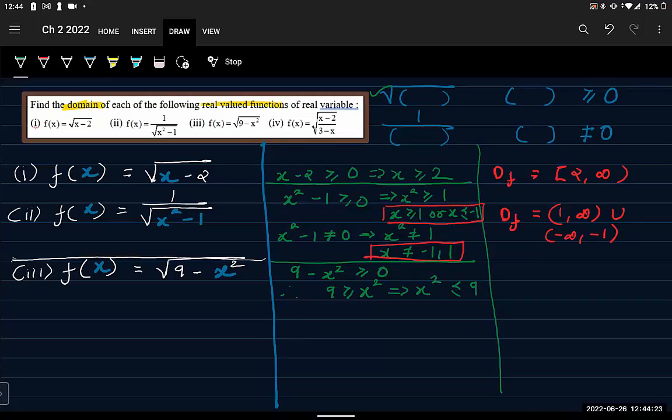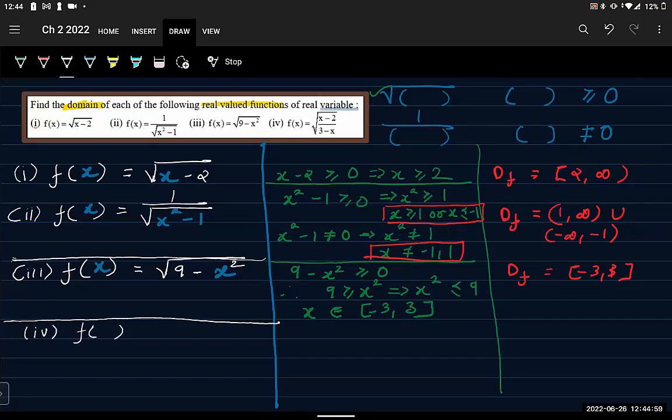So the square of any real number should be less than equals to 9. It only happens when x is between minus 3 to plus 3. All the real numbers between minus 3 to plus 3 will have their square less than equals to 9. So the domain, we can write directly as minus 3 to plus 3, both obviously included.